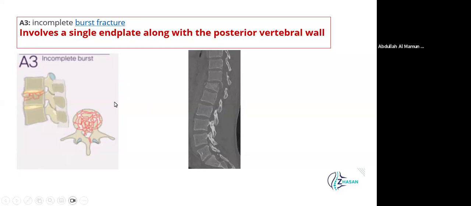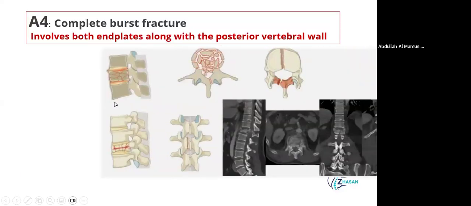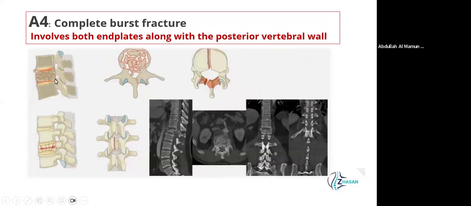If both end plates are injured along with the posterior vertebral wall, that is called complete burst fracture, or A4. You can see here both end plates injured along with the posterior vertebral wall. And there is another picture which shows a vertical sagittal fracture, which involves the superior and inferior end plates along with the posterior vertebral wall.